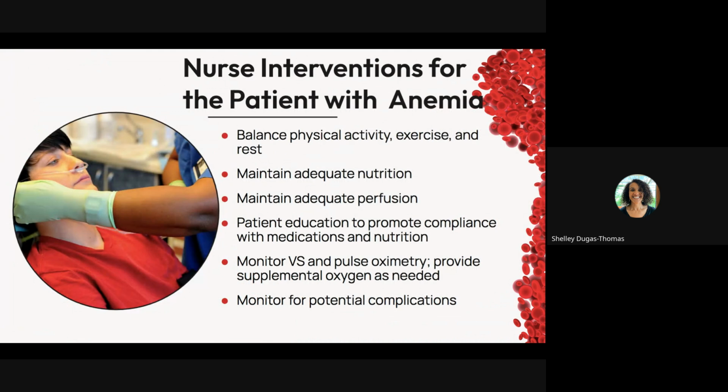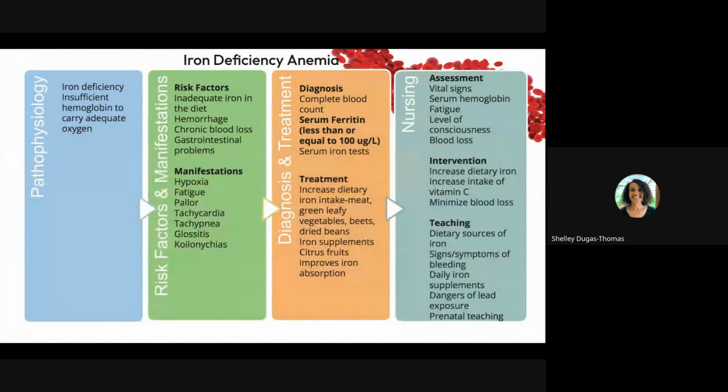Nursing interventions in general for anemia include making sure there's balanced activity, exercise, and rest, ensuring adequate nutrition, maintaining perfusion, providing education on medications and nutrition, and monitoring vital signs and oxygen saturation in particular, as well as giving supplemental oxygen as needed and watching out for complications.